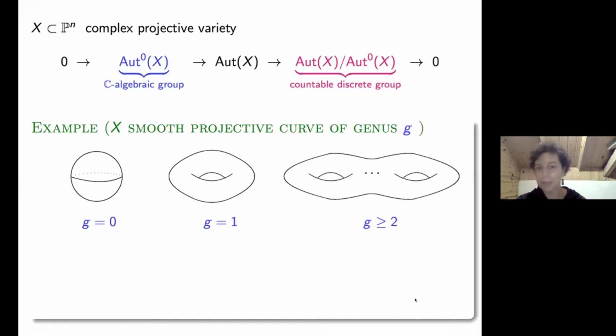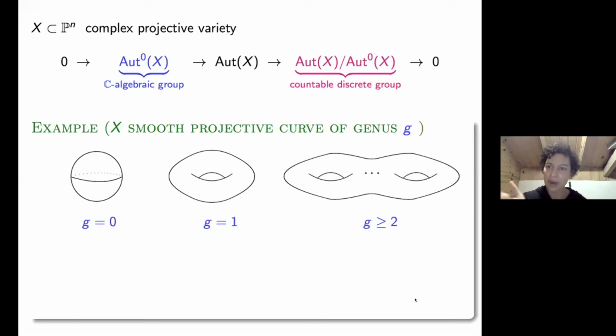This is the same thing as a compact Riemann surface. And we have this classical trichotomy: genus 0, genus 1, and genus greater or equal than 2. This corresponds to the classical trichotomy of positive, zero, and negative curvature.